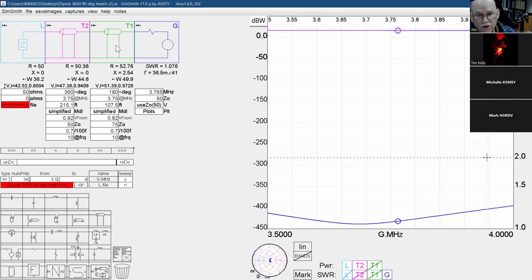Now, I will tell you 40 years ago, I used a similar technique to match 75 ohm cable TV hardline that was free to a 50 ohm antenna and a 50 ohm transmitter, and worked pretty well. Where we failed was when we tried to broadband it to cover 10, 15, and 20 meters. That wasn't going to happen because it's based on the wavelength. But if you've got a single band antenna and you want to broadband it, this is a valuable technique.